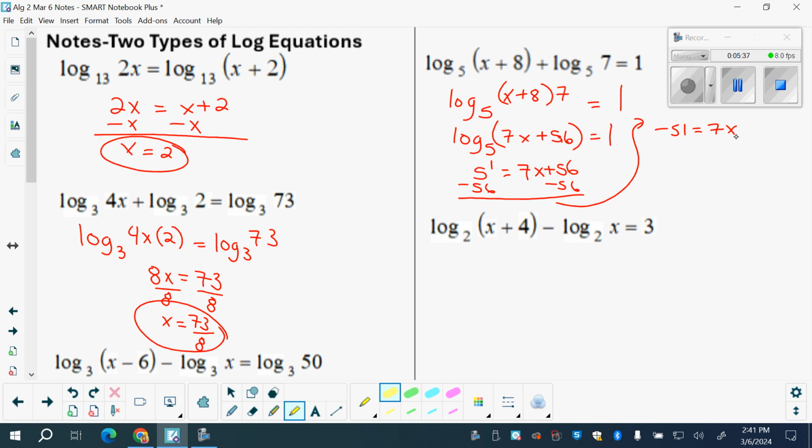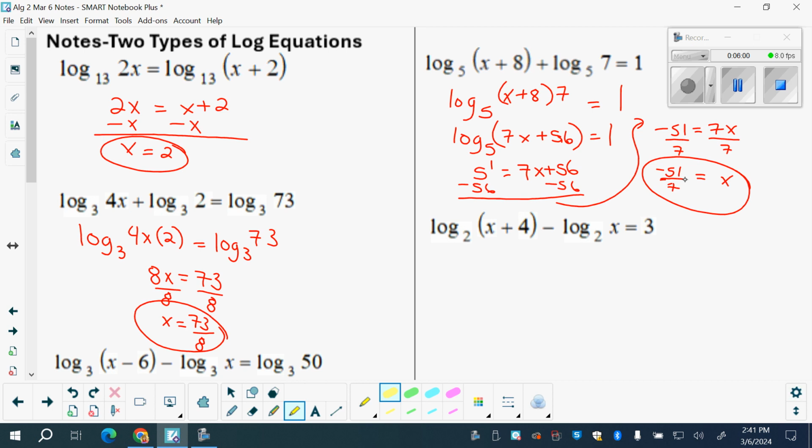And then we divide by 7, right? And x is negative 51 over 7. If you're not sure, you try that on the calculator, see if 7 goes into 51. It does not. So our answer is negative 51 over 7.